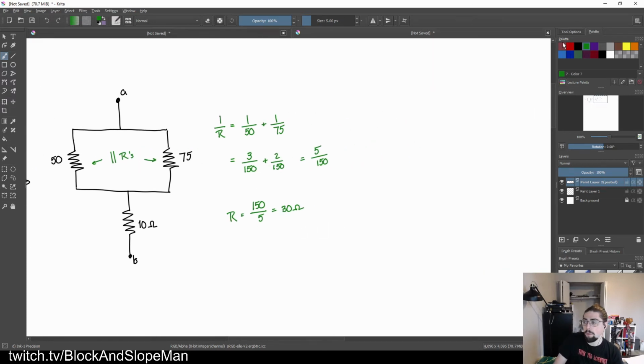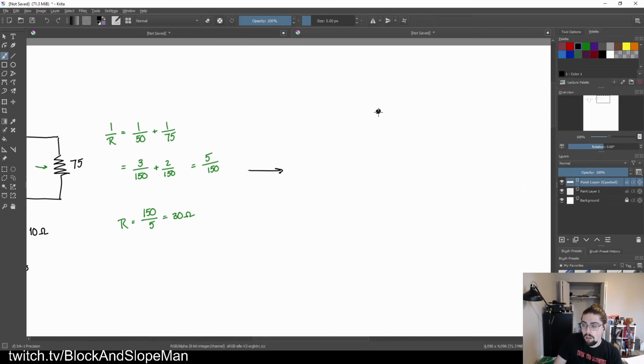So I'll take one more step and I'm going to say, okay, let's reduce this by one more. Now, point A down to one resistor, down to a second resistor, down to B. So this was 30 ohms.